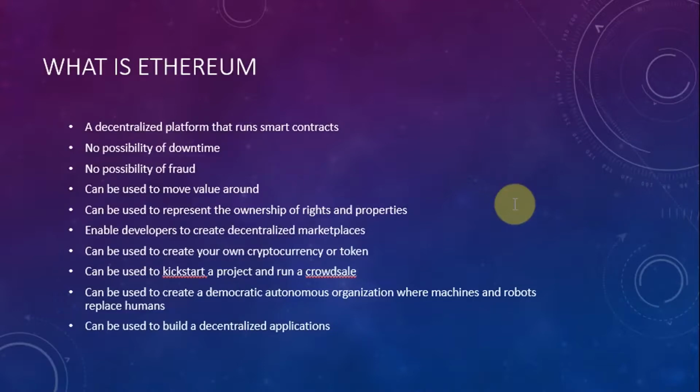So you have a project, you have a nice idea, and you're seeking funding. You could tokenize that idea and run a crowd sale where people can donate Ether, or people can buy your token by exchanging Ether, so that you have funds to be able to kickstart your project.